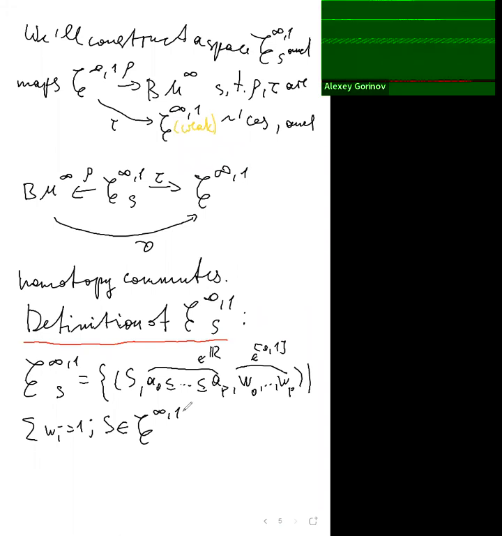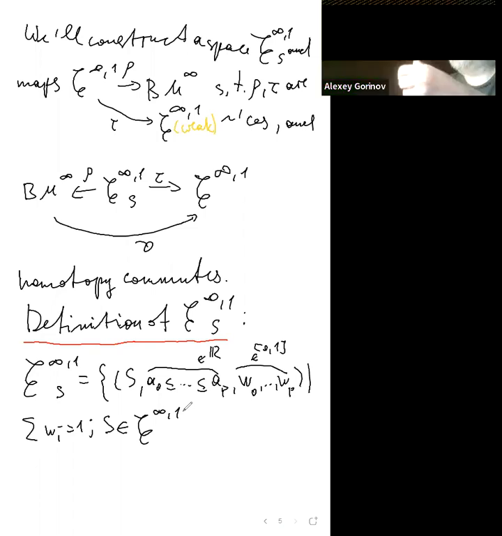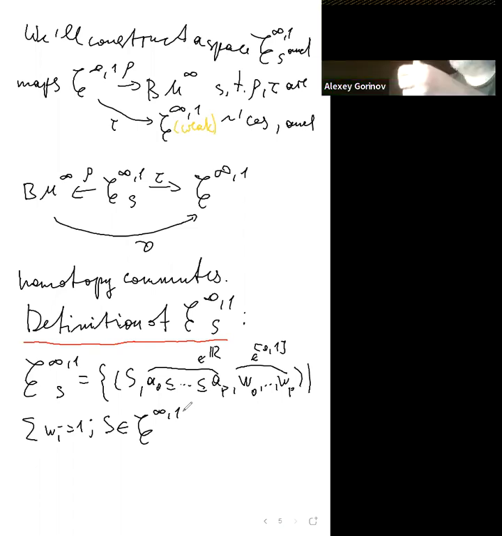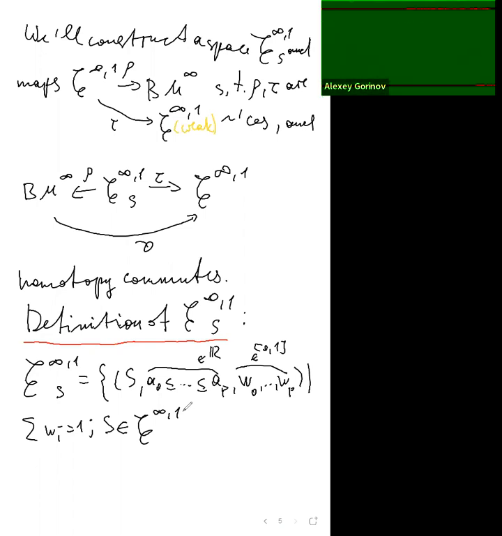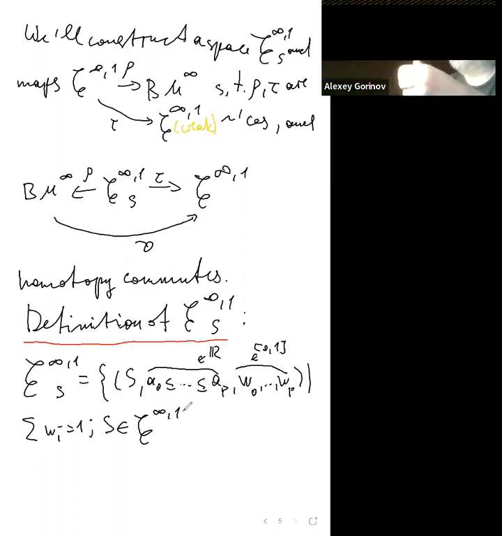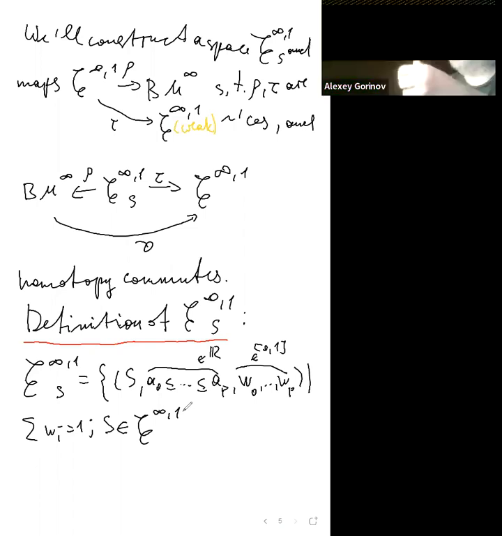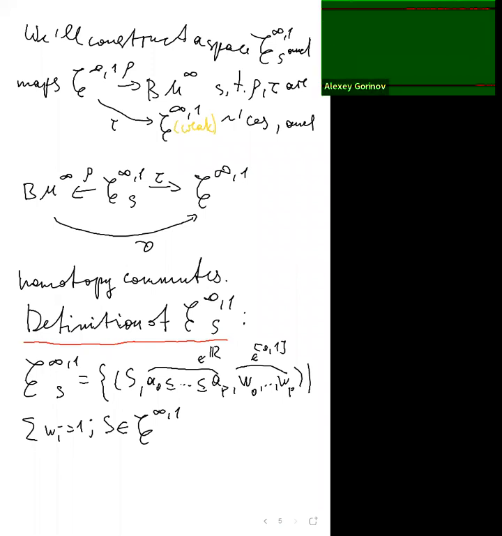Well, what does it mean? Well, this means S is properly embedded in R infinity, and the first coordinate may vary from minus infinity to infinity, and the remaining coordinates are bounded.